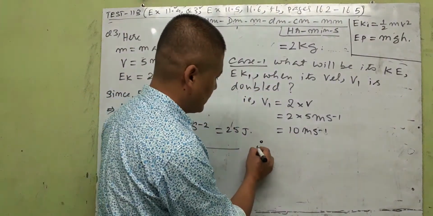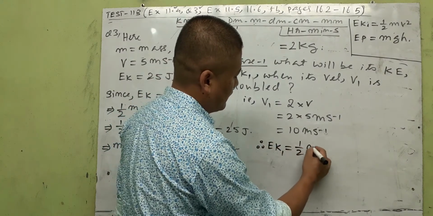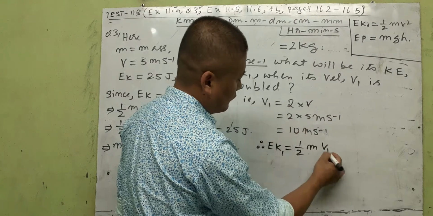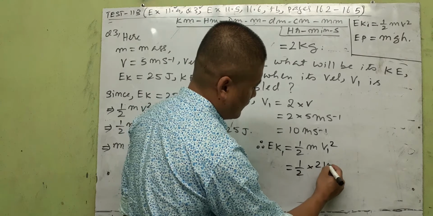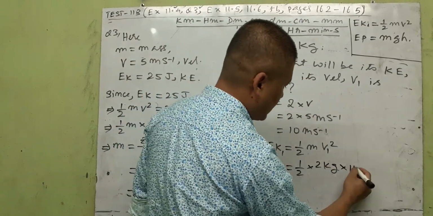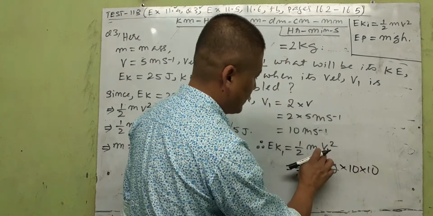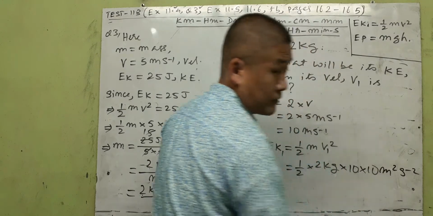So simple, you can write here, therefore its kinetic energy EK1 will be half m v1 square. So half into 2 kg, because m is 2 kg, v1 is here 10, so 10 into 10, meter square, and second to the power minus 2.